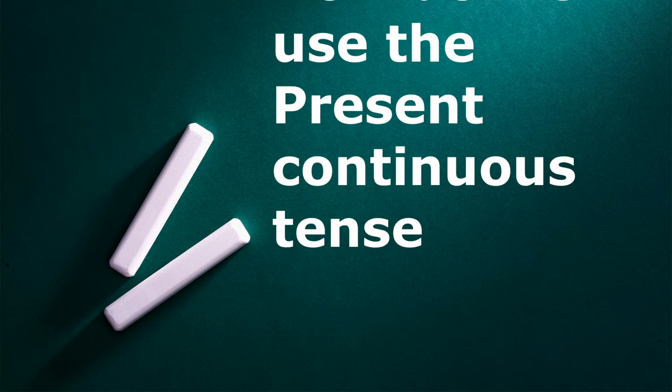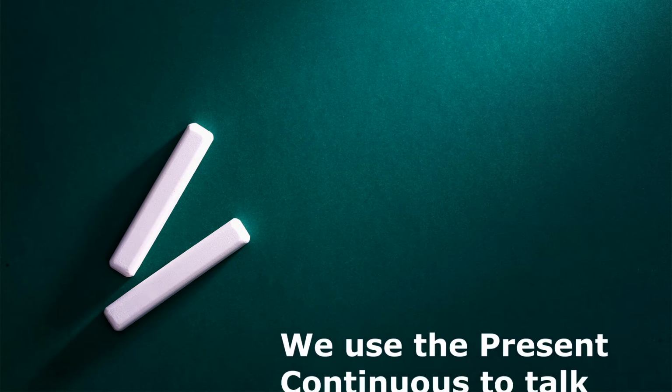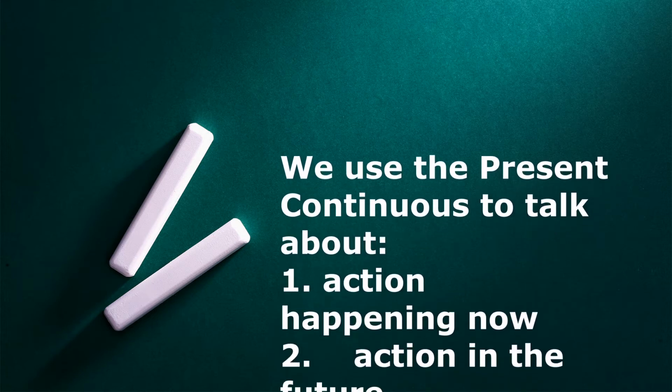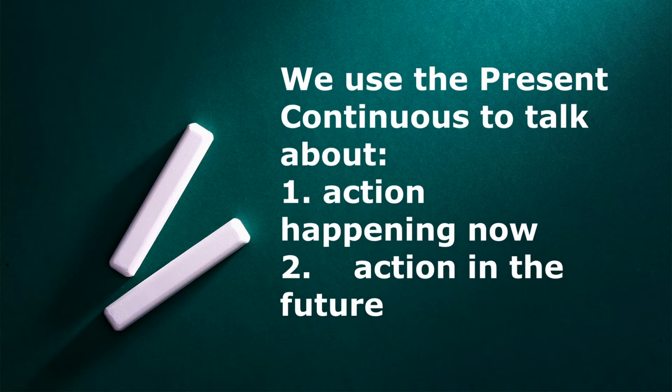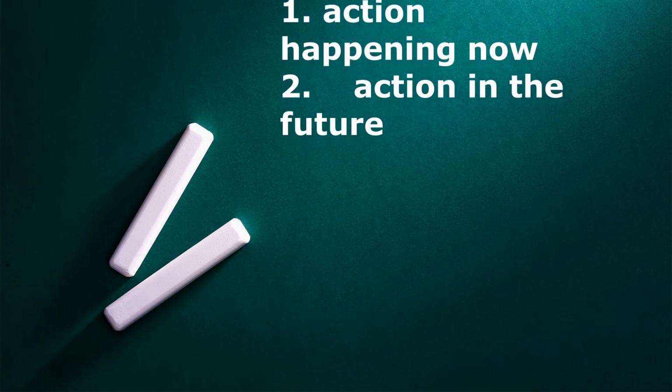Next, we'll see how we use the present continuous tense. We use the present continuous to talk about action happening now and action in the future.